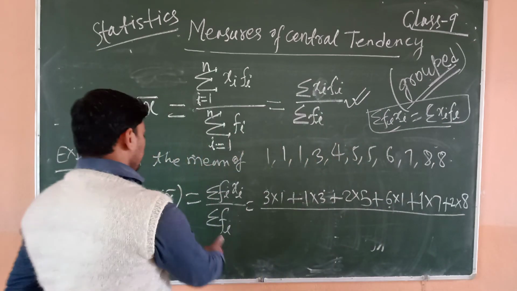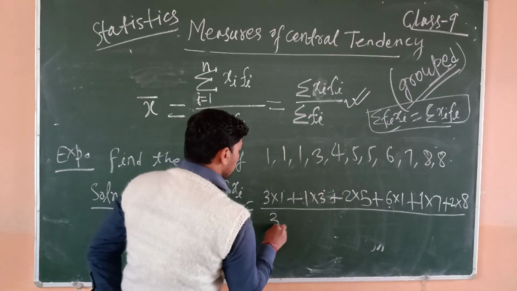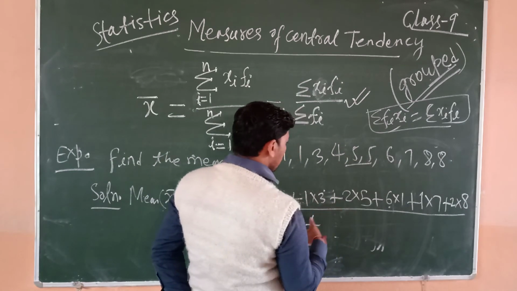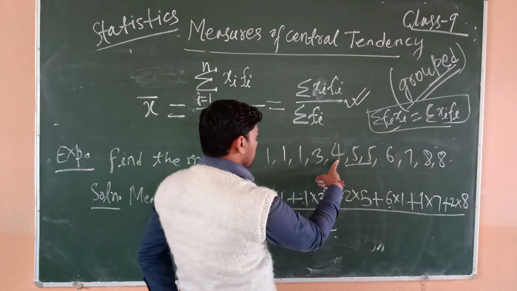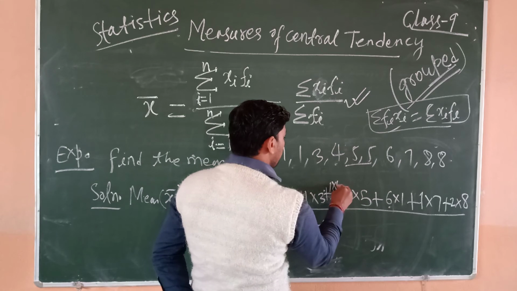Upon sigma fi: 1 is 3 times, frequency of 3 is 1, frequency of 5 is 2, 1 is left, 4, 1 into 4.